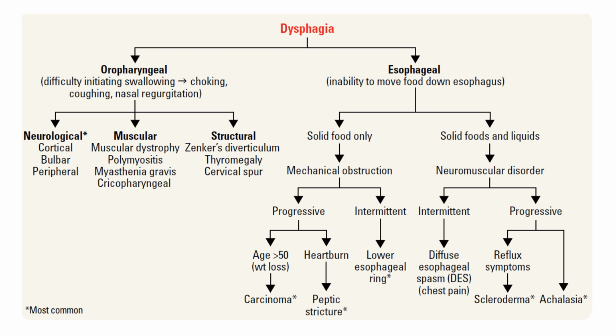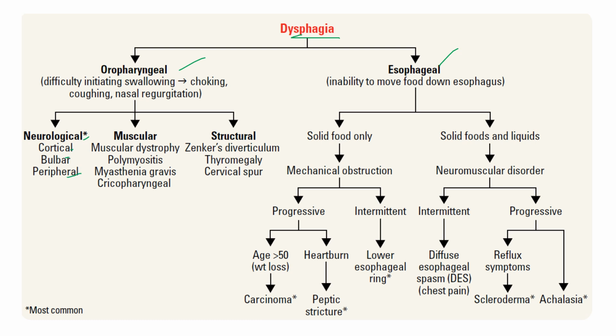Now, a word on dysphagia. How do you work up dysphagia in a patient? Dysphagia can be due to problems in the oropharynx or due to the esophagus. Oropharyngeal, it is difficulty initiating swallowing, so there can be choking, coughing, and nasal regurgitation. It can be neurological, like cortical, bulbar, or peripheral problems.